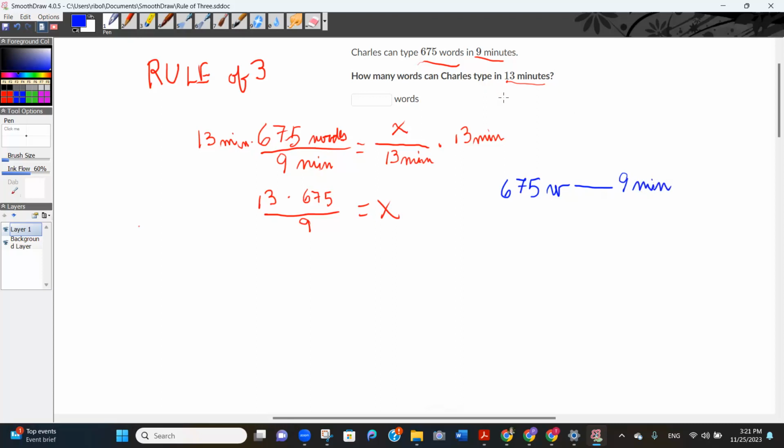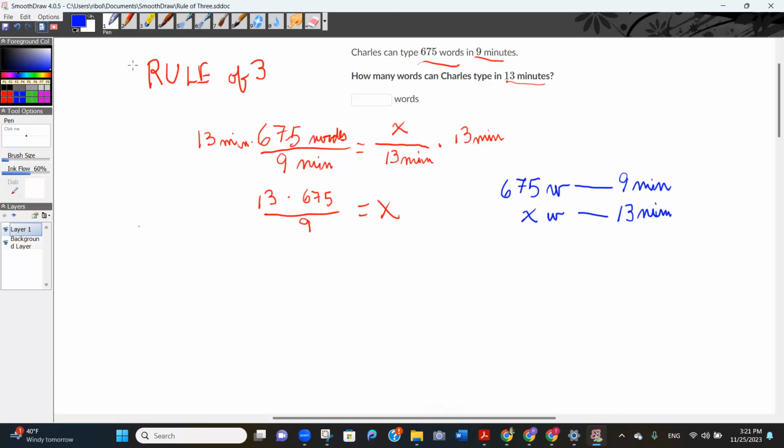Then we would read the problem and say, okay, we have now 13 minutes, and then how many words we have. So we have the X on that side.